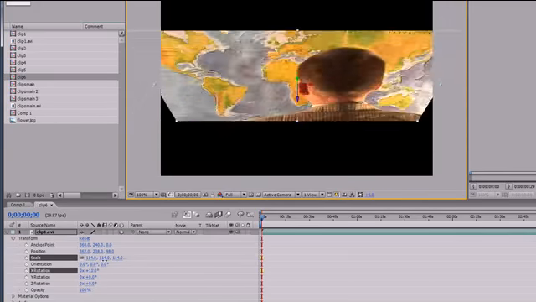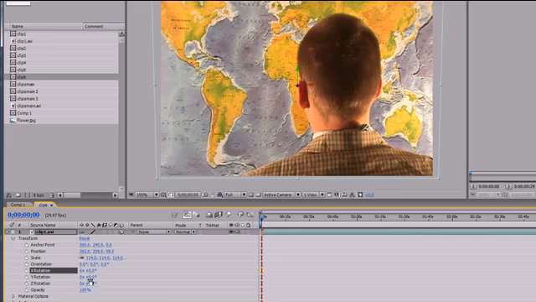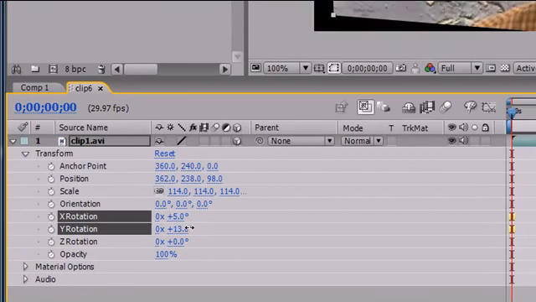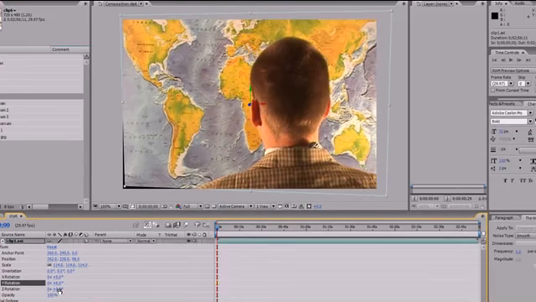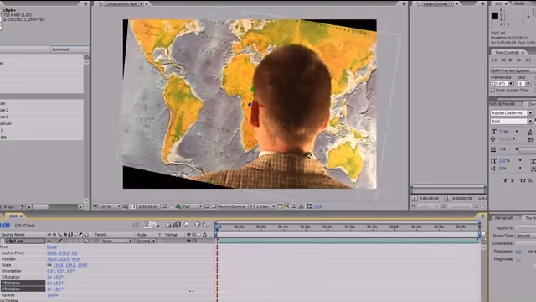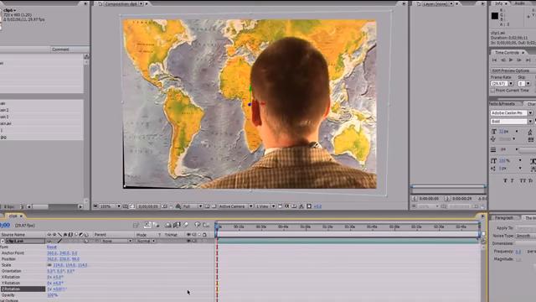And by rotating over the X axis, which is left and right, it flips up and down. By rotating over the Y axis, it goes left and right. And by rotating over the Z axis, it just spins around because that axis is pointing towards us. So that is how you can manipulate 2D images to work in 3D.